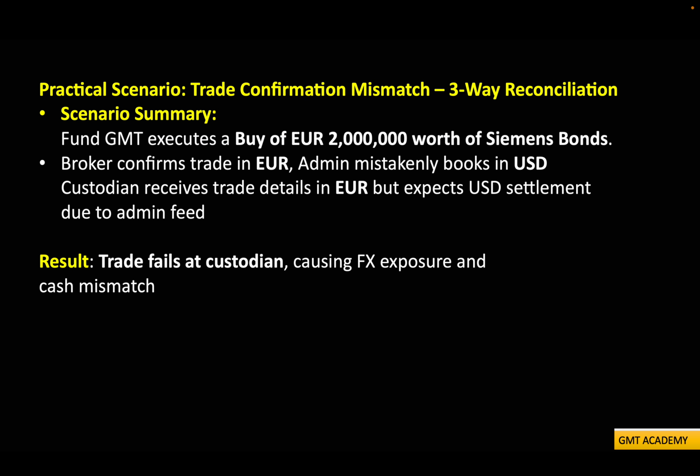Let's see a practical example of how this will show up in your reconciliation or in the system you are using. The fund executed a buy of a euro-denominated bond worth around 20 lakh rupees, but the broker traded in euro and admin mistakenly booked it in USD. The custodian received trade detail in euro but expects USD settlement due to the admin feed.